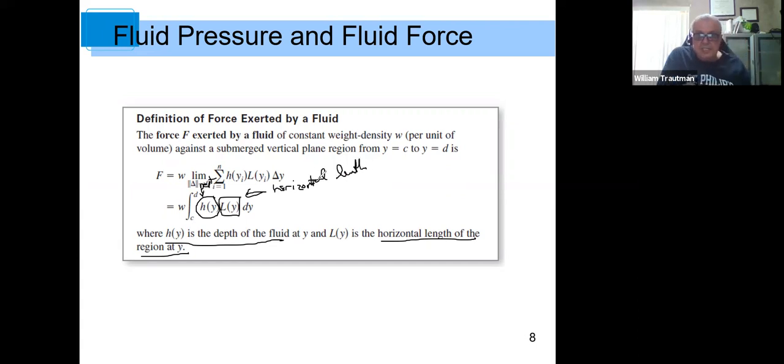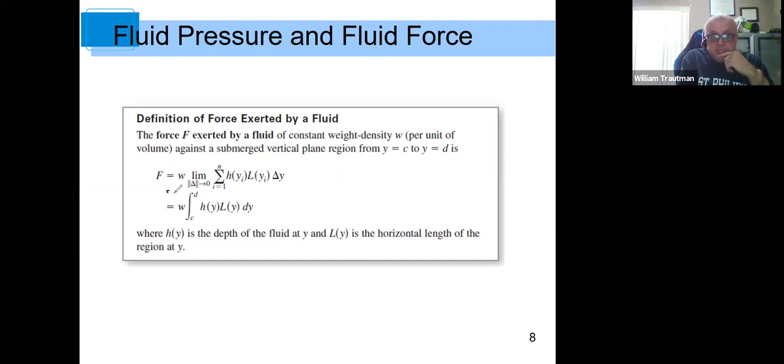And that's the key to the whole problem, that L(y). Usually that's the key. So we definitely want to write that down. Oh, by the way, if you look, the density w is right outside of the integration.